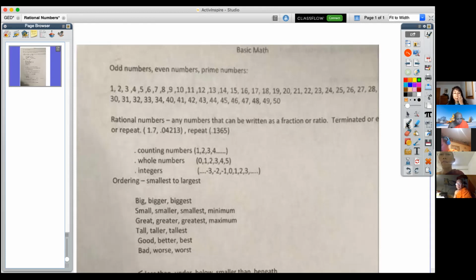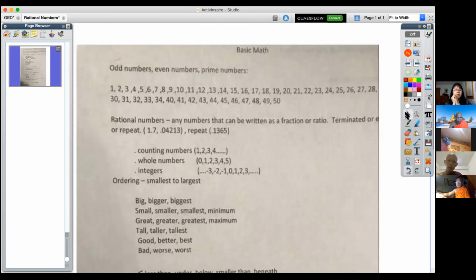What is odd number, teacher? 1, 3, 5, 7. Those are odd numbers. 2, 4, 6, 8 are even numbers. Okay, thank you. Pi all these numbers, right?